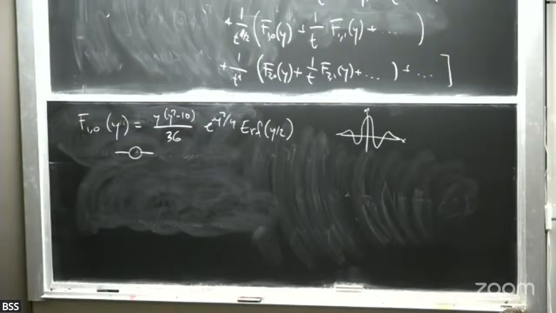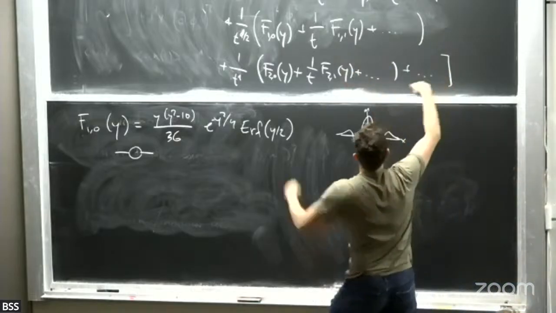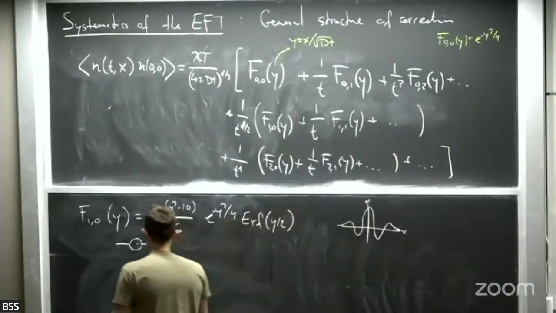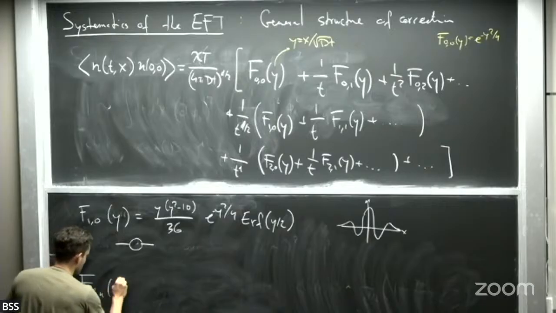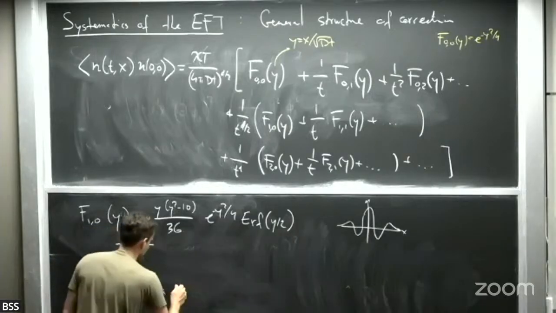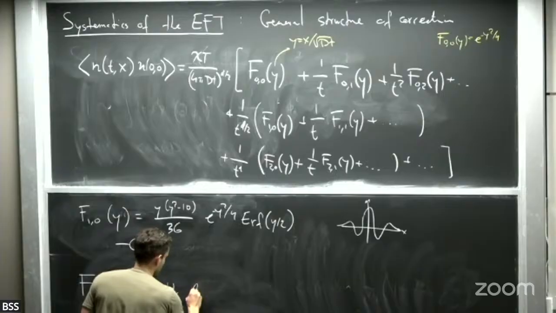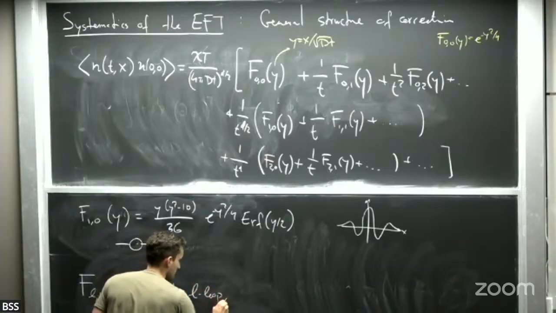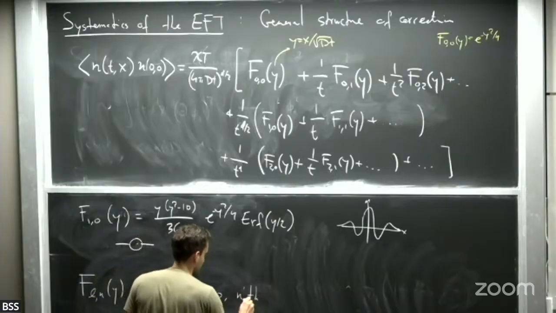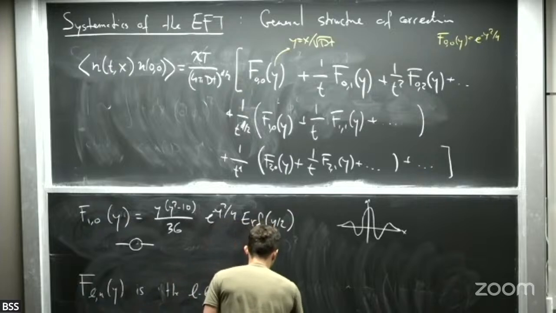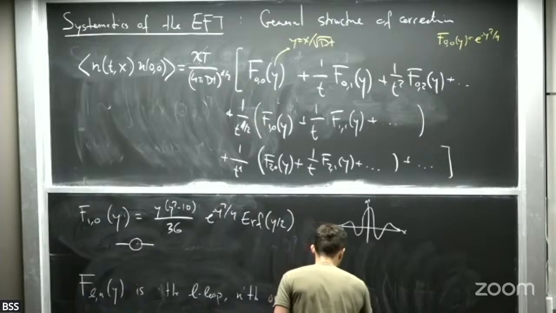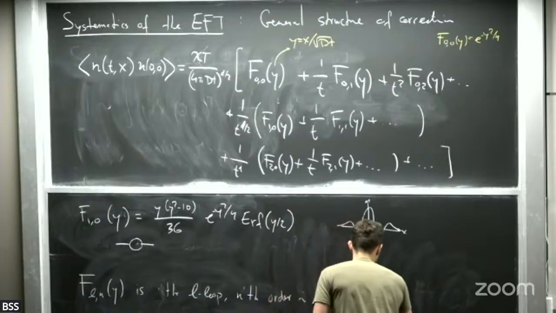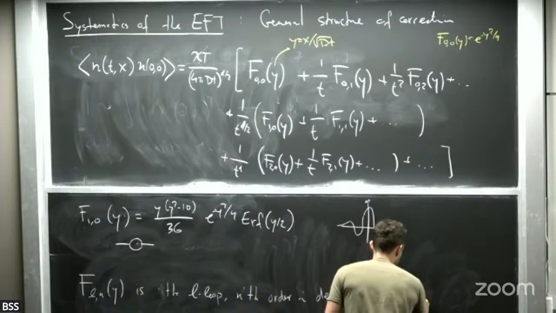So we said it's a kind of double expansion in derivatives and in loops. So F, let me call it Ln, is the L-loop, nth order in derivative correction to diffusion.